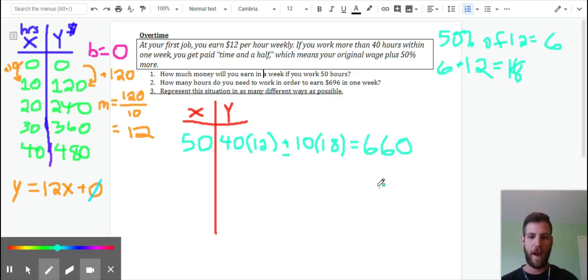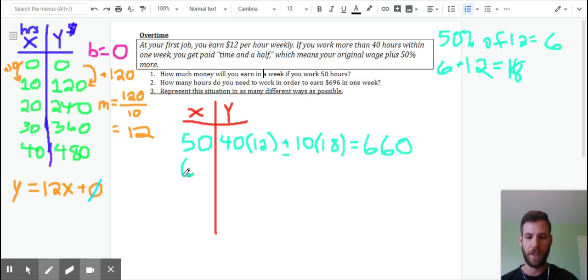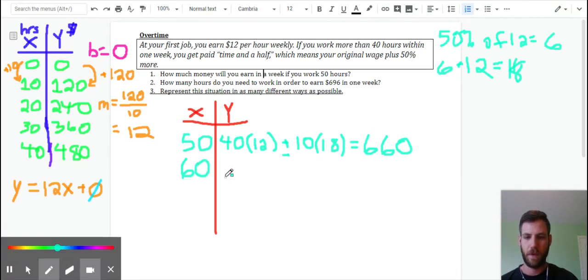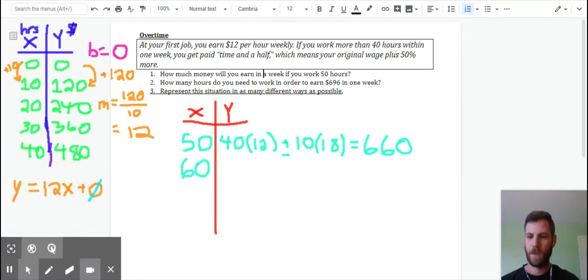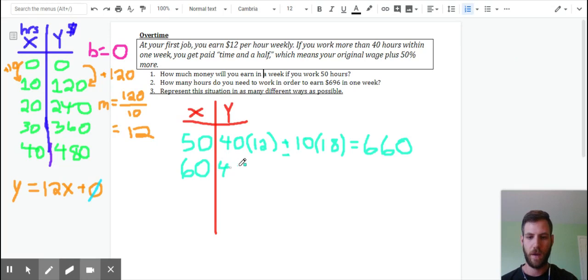Okay, so now that we have that for 50, we can go up to 60 and use the exact same method that we just did. So to get the total for 60 hours in the week, it would be 40 being multiplied by 12 again.